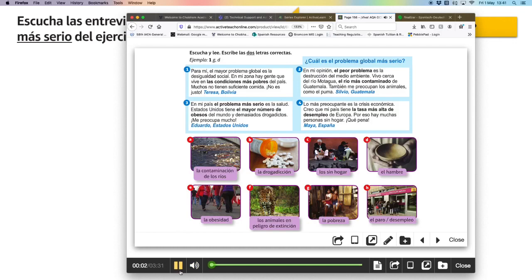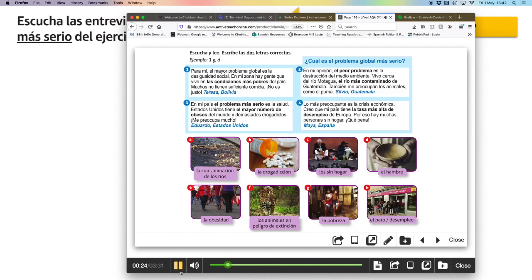Página 156. Ejercicio 3. Escucha las entrevistas. Apunta el problema más serio del ejercicio 1 a H. 1. Ania, ¿cuál es el mayor problema global?